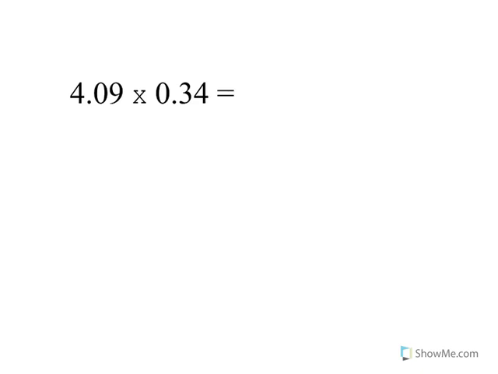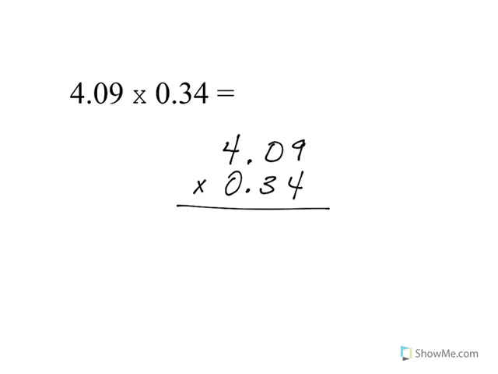This one looks difficult because it has 3 digits times 3 digits. But remember, in this bottom number, the 0 in front really doesn't make any difference. It would really just be adding zeros. So this is really a 3-digit by 2-digit problem.